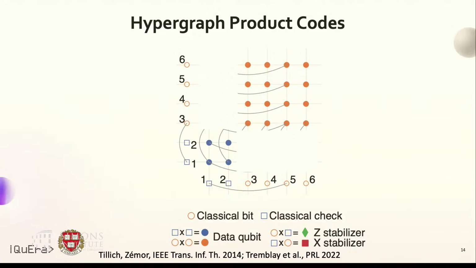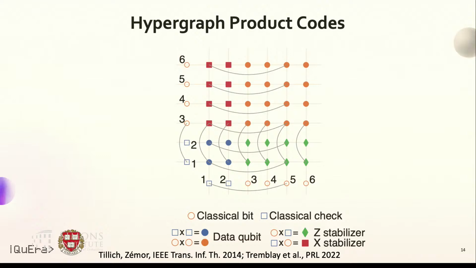With this, we'll have a number of data qubits that is roughly on the order of n squared, where n is the classical number of bits. Then we also define the checks. The X stabilizers will be the intersections of classical checks and classical bits, and then the Z stabilizers the other direction.